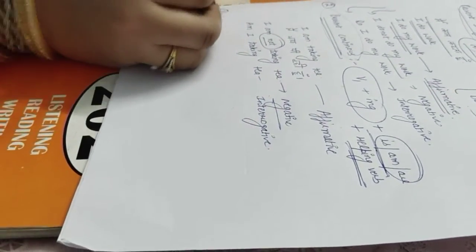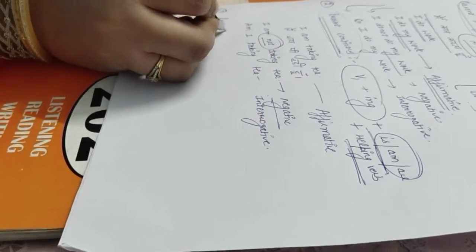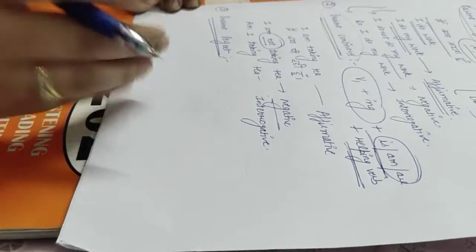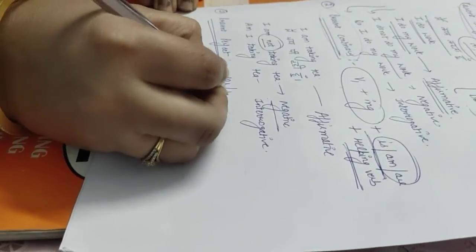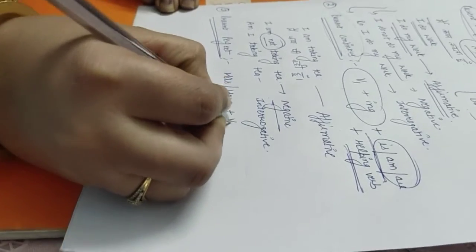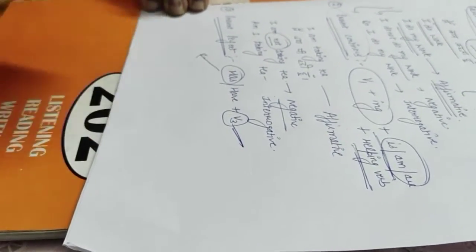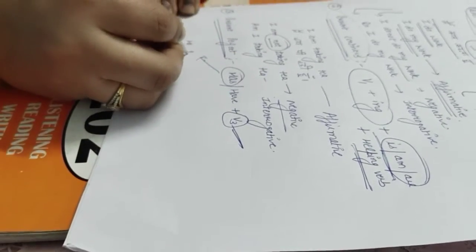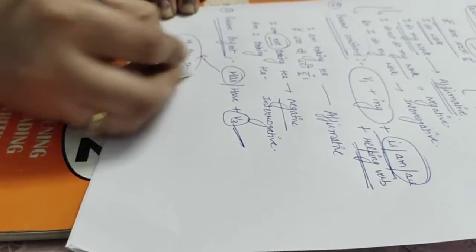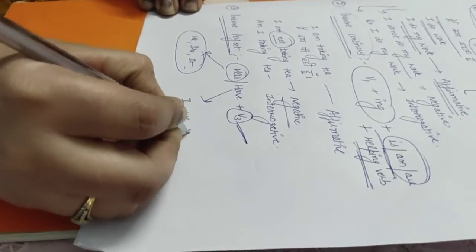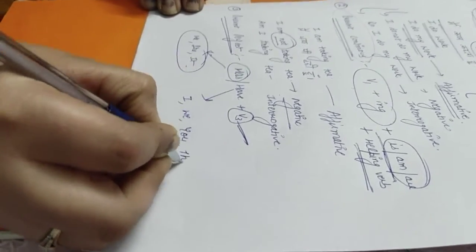The third one is present perfect. Present perfect mean to say जो काम हो चुका है, जो काम आपने कर लिया है. So here we use has or have plus verb third form of verb. Okay, has mostly it is used in singular form like he, she, it, and have is used in I, we, you, they.